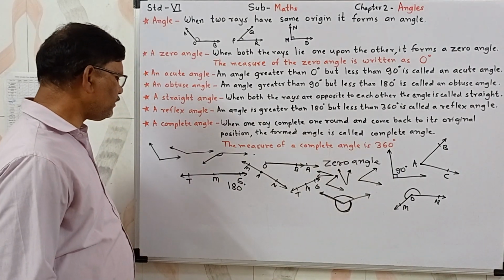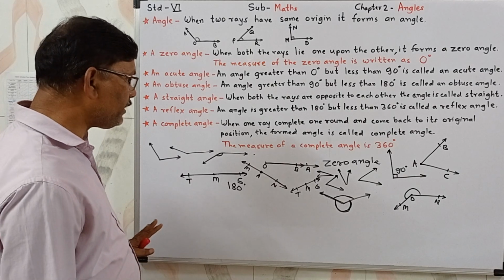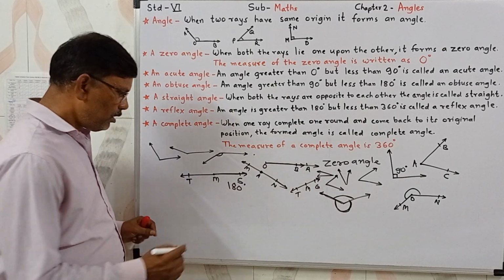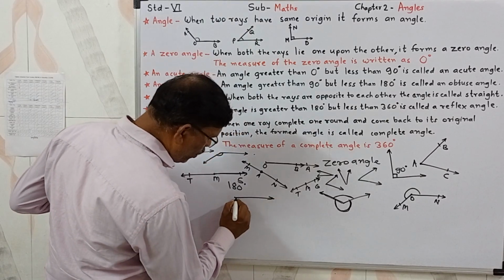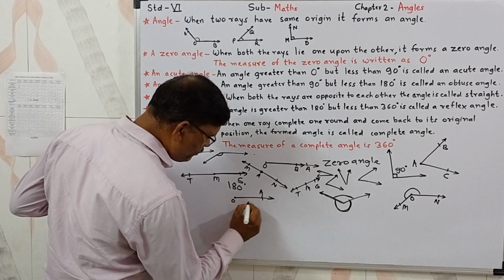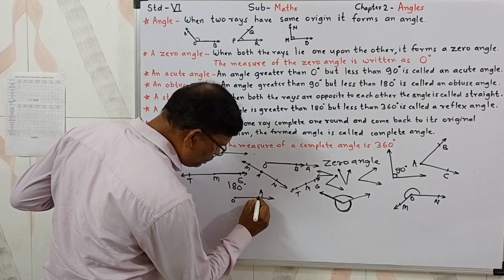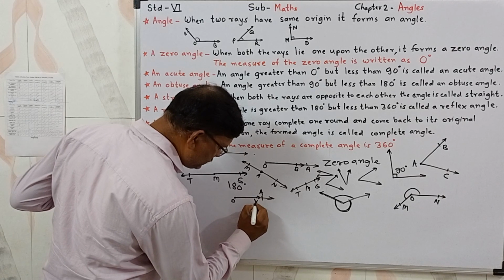Understood? Then the next one is a complete angle. Listen here. This is OA and this is OX.